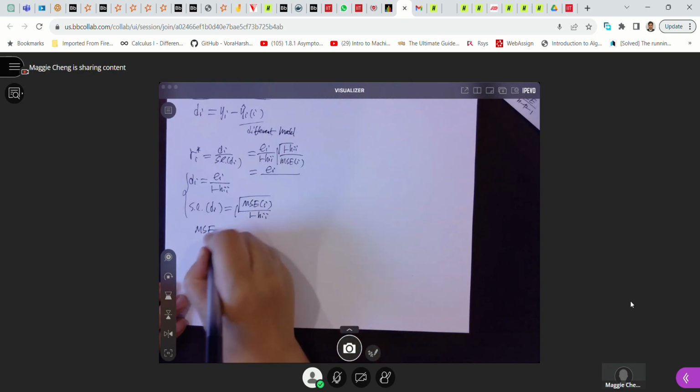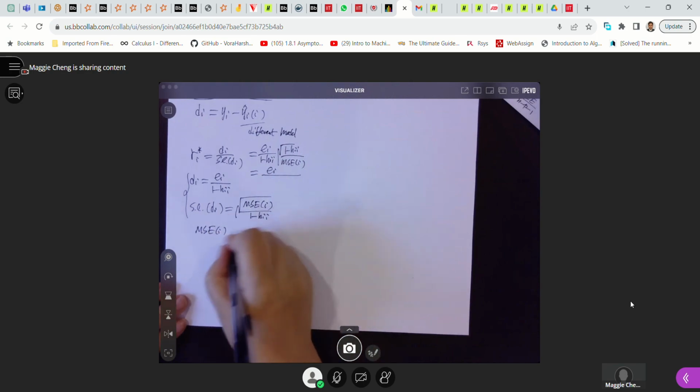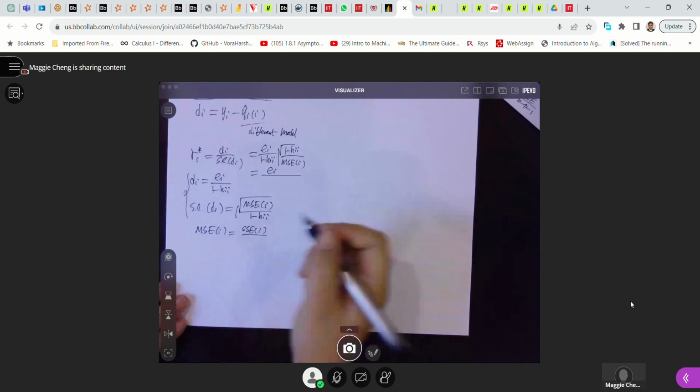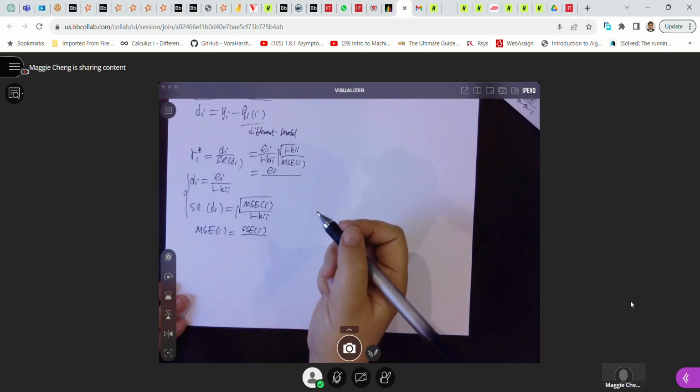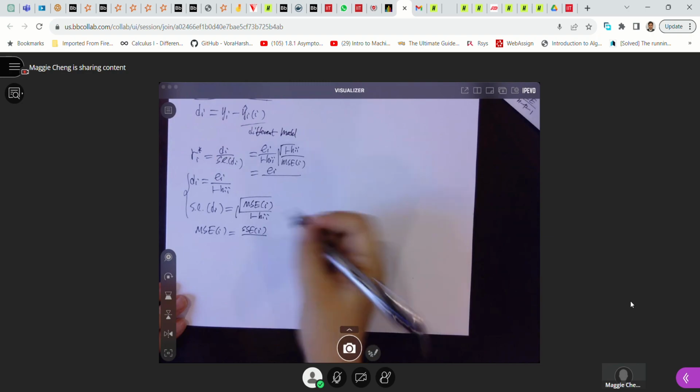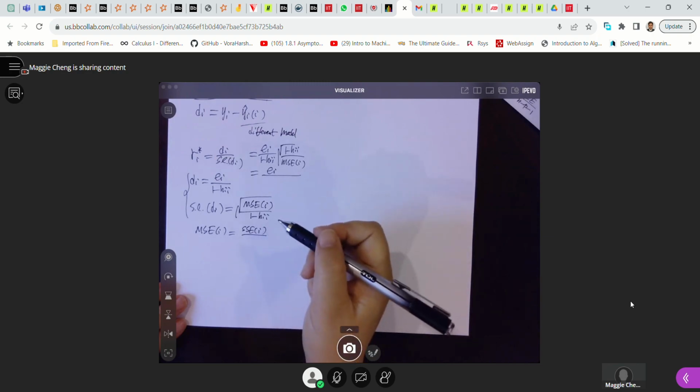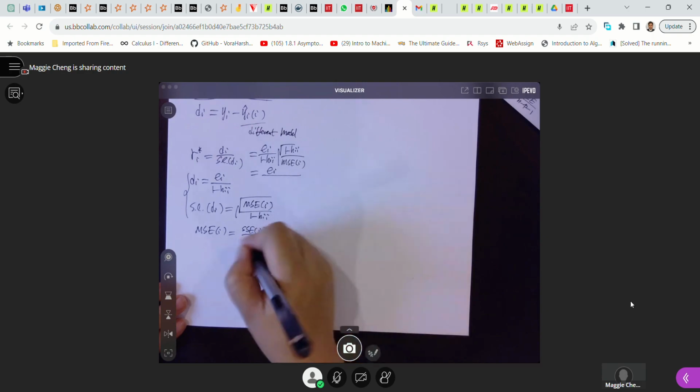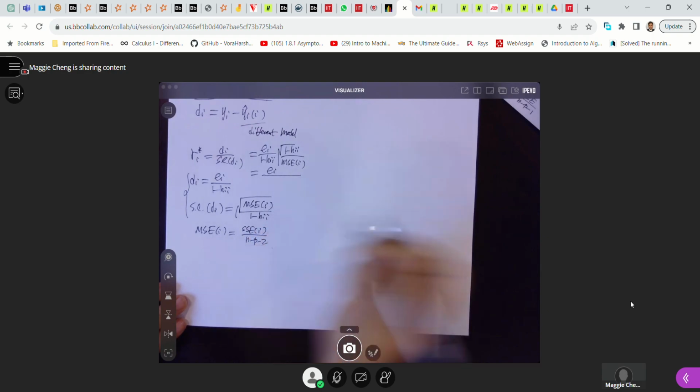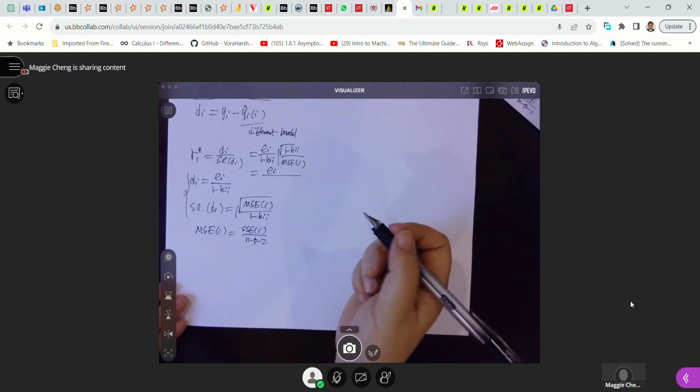Okay, MSE with subscript (i) here is equal to SSE with subscript (i) divided by the degrees of freedom. What is the degrees of freedom now? Without this, it would be n minus p minus 1. But right now, you don't have n data points. You have n minus 1 data points. So that's why you have n minus p minus 2. Okay?